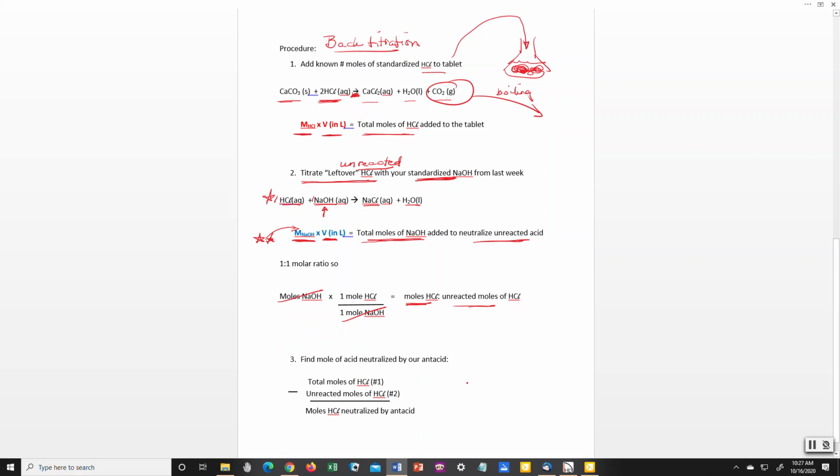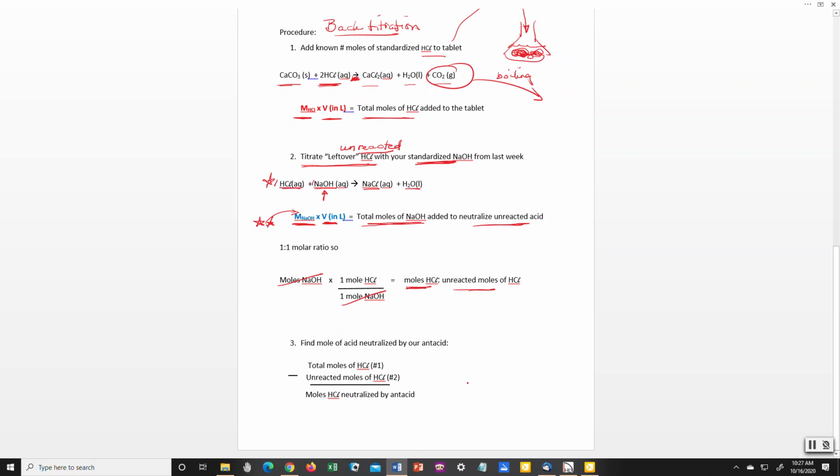Now, the last step is a mathematical step. We simply look for the moles of acid that were neutralized. That's the bottom line of this week's experiment, is to find out the moles of acid that were neutralized by the antacid. And how we do that is by the difference between the total and the unreacted.